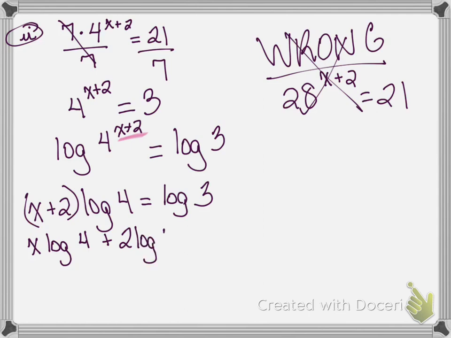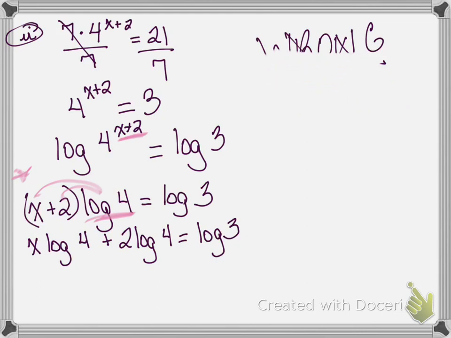And that's definitely the step that students don't know what to do. They don't realize that they've got to distribute this to both of these. So this is the step where students get confused. Just hang in there and realize that's what you've got to do. You've got to distribute that log. I know that it's a little bit confusing, but that's what you do. Now remember, anytime I've got log 4 or 2 times log 4 or log 3, those are just numbers.